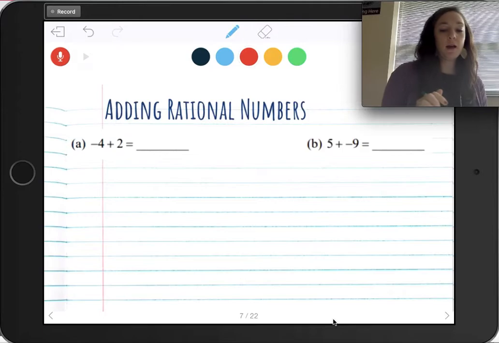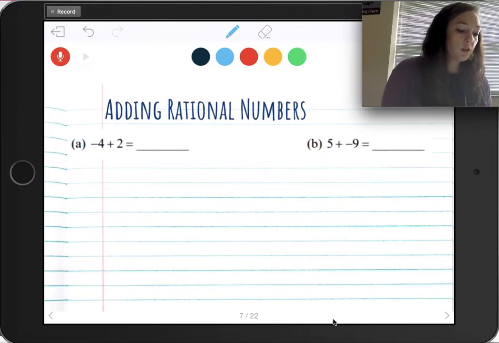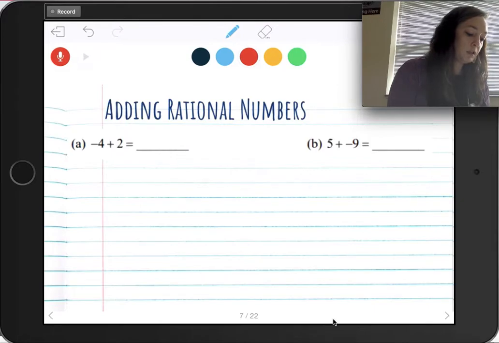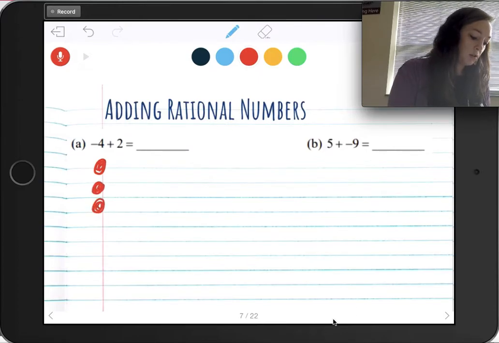And rather than use my counters, I'm going to draw some counters on here because I think it's easier sometimes to look at it with counters. So we have negative 4 plus 2. I'm going to create negative 4 using counters just to kind of show you how this works. And then I have positive 2.